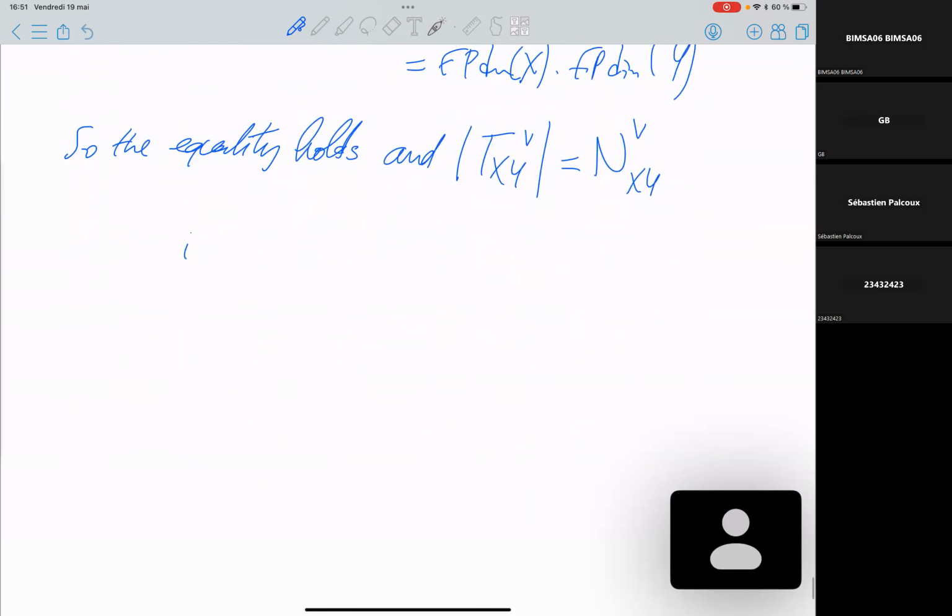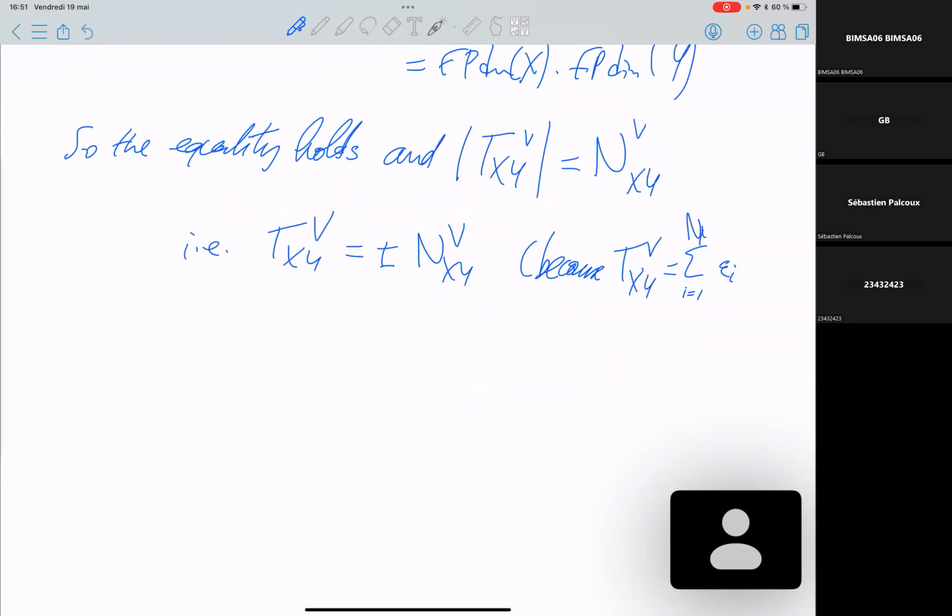In other words, you can say that txyv is plus or minus nxyv, because txyv is equal to the sum of epsilon i, i equals 1 to nxyv, with epsilon i being minus 1 or 1.